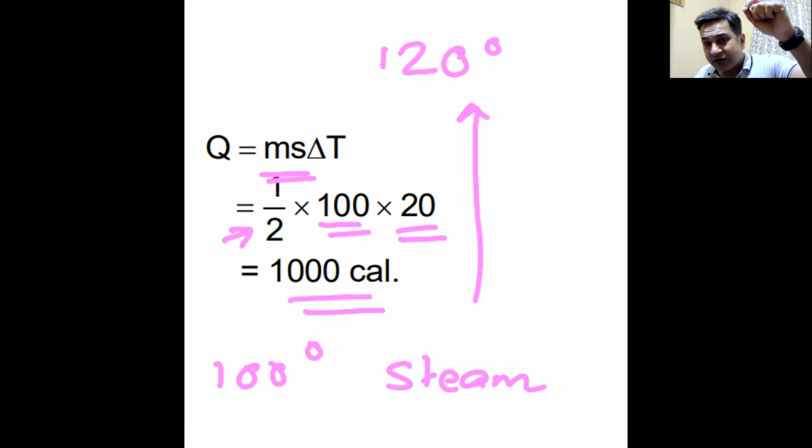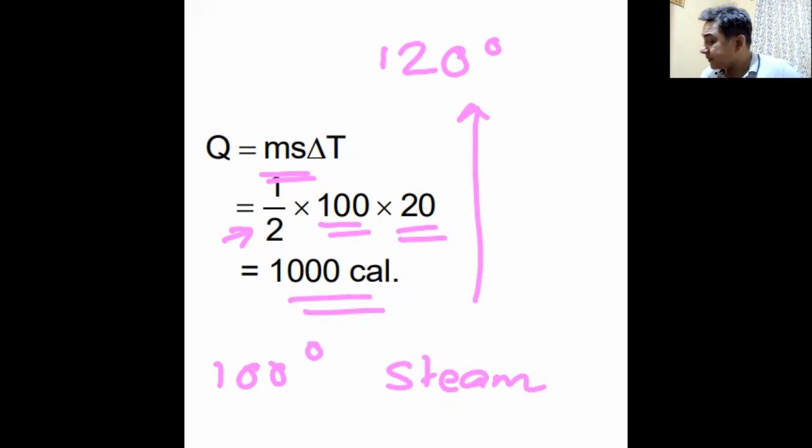Then I had water at 0 degrees Celsius. I had to convert it into water at 100 degrees Celsius. Step number 4, water at 100 degrees Celsius has to be converted into steam at 100 degrees Celsius. Then last step, steam at 100 degrees Celsius has to be converted into steam at 120 degrees Celsius.